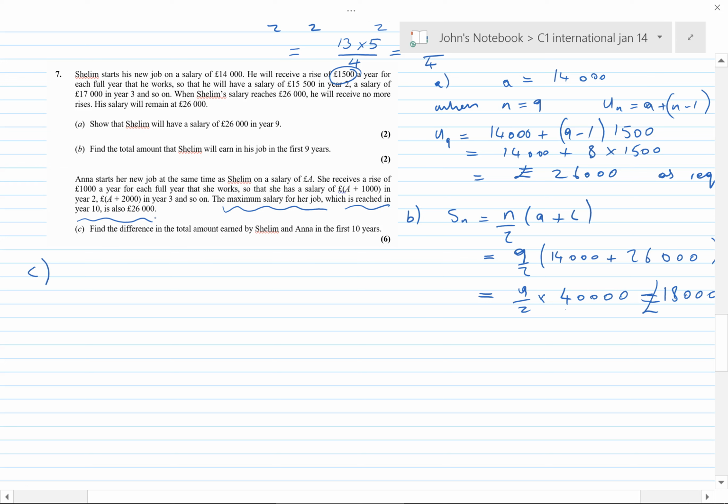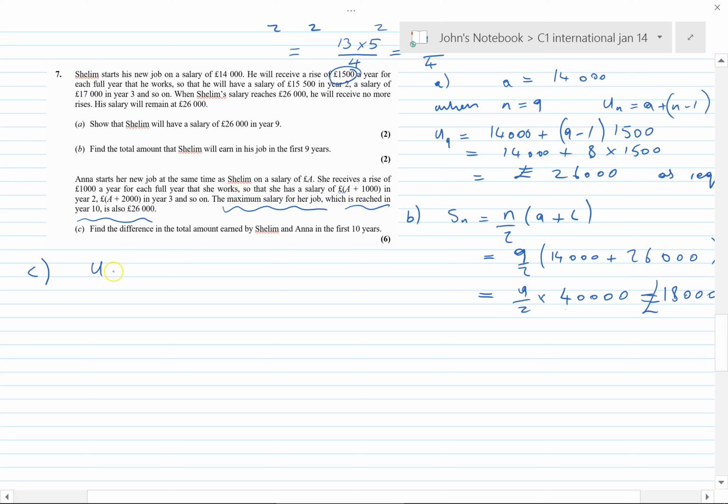Okay, so we can use the two formulae. So for the sum, we know that UN, U times by, we know that U is going to be the same salary, 26,000.